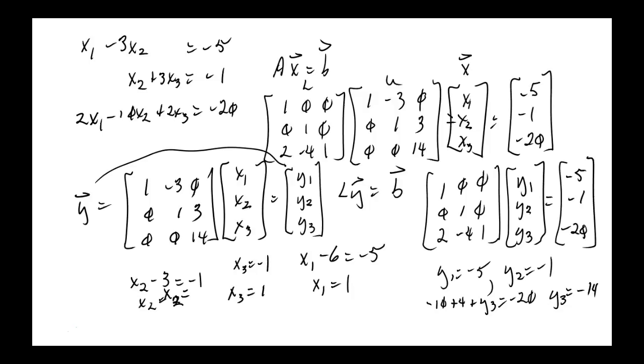Yeah, I can figure this out. Okay. X3 was -1. X1 was 1. X2 was 2, or -2? It was positive 2. X1 was 1. X3 was negative 1. Okay.